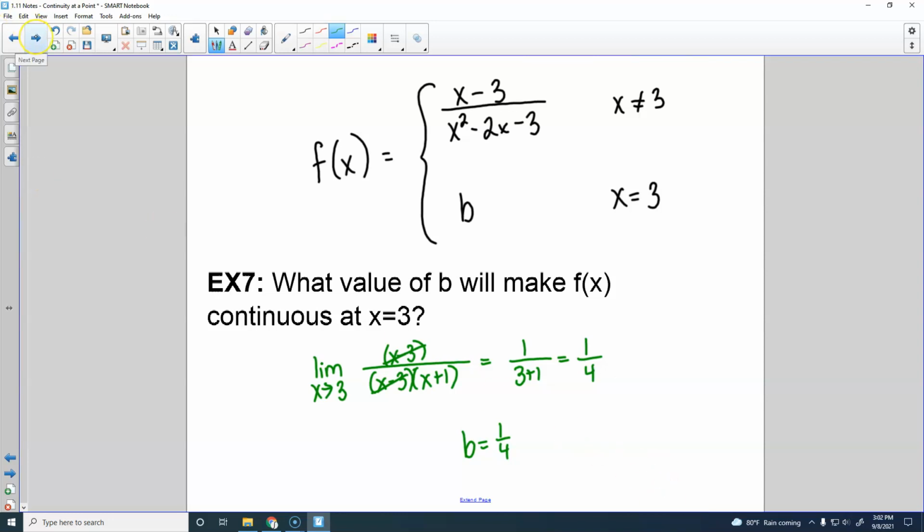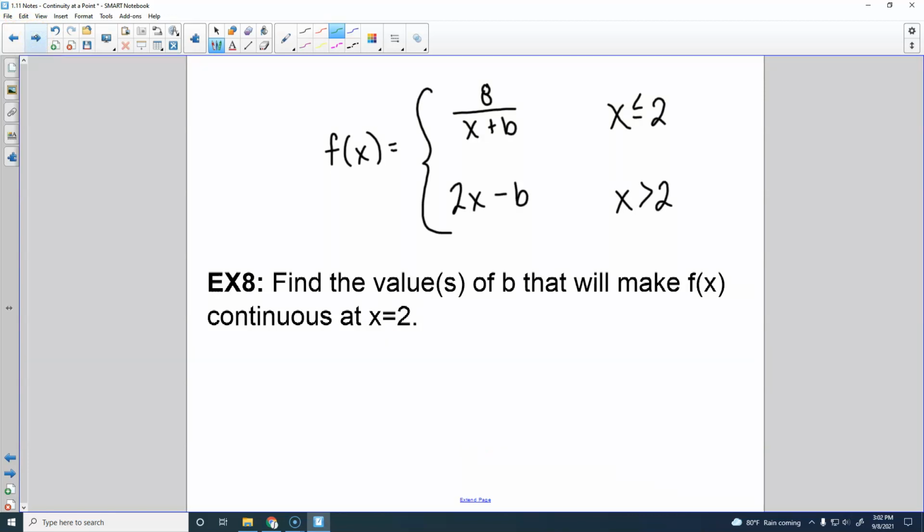Now let's look at the next one. It's a little bit different. So I want you to do the same thing. Alright, so we want to find the value or values, there could be more than one, of b that will make f of x continuous at x equals 2. So I need the limit to exist for this to be continuous, correct?